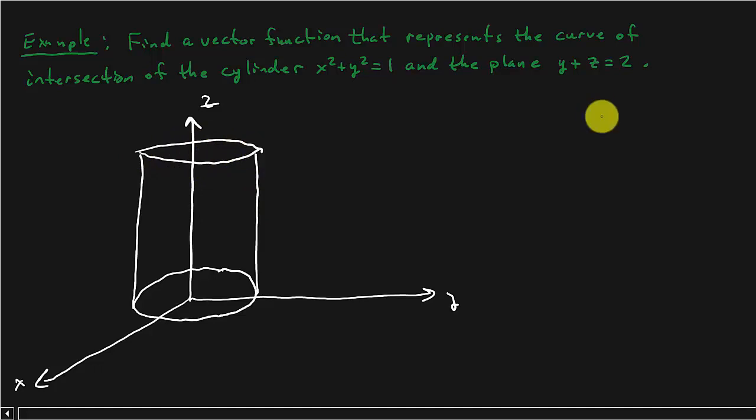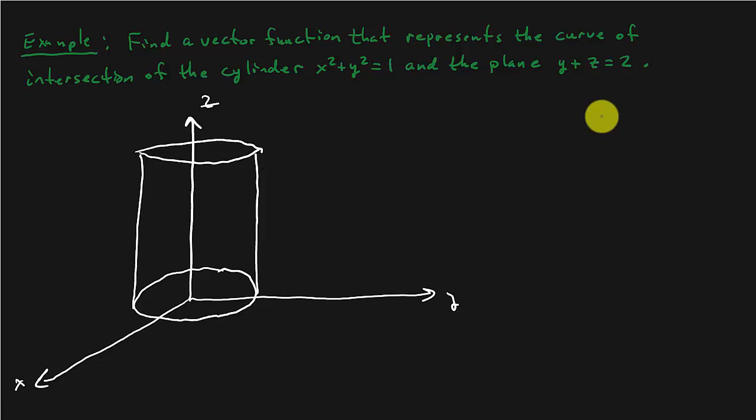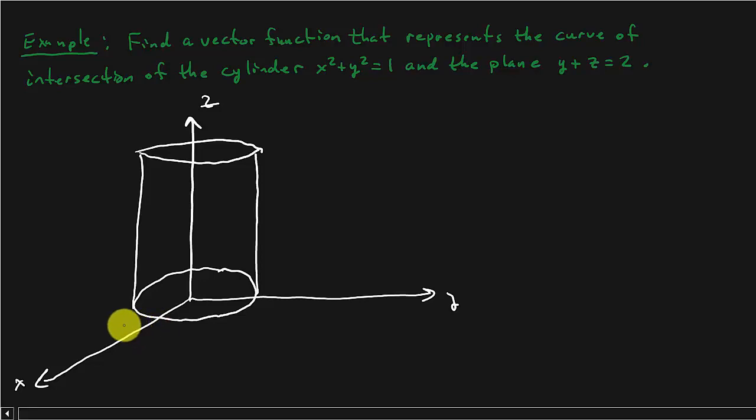Now the plane y plus z equals 2. This plane here is going to be slanted.